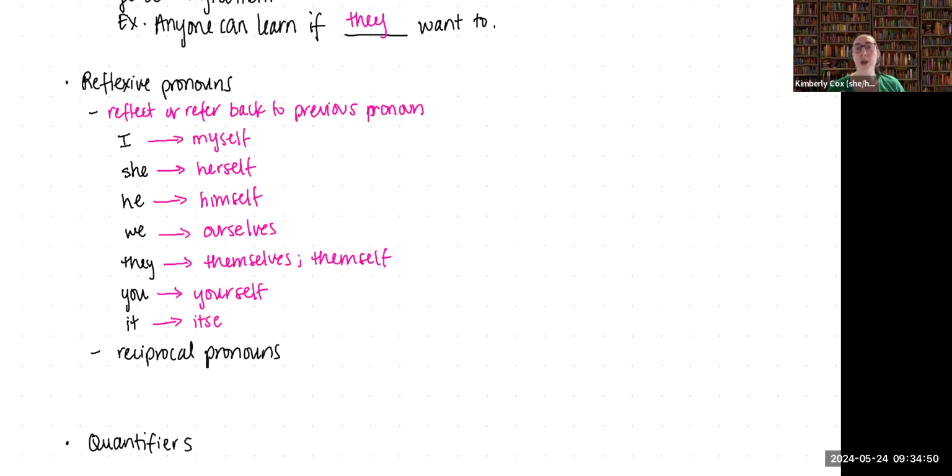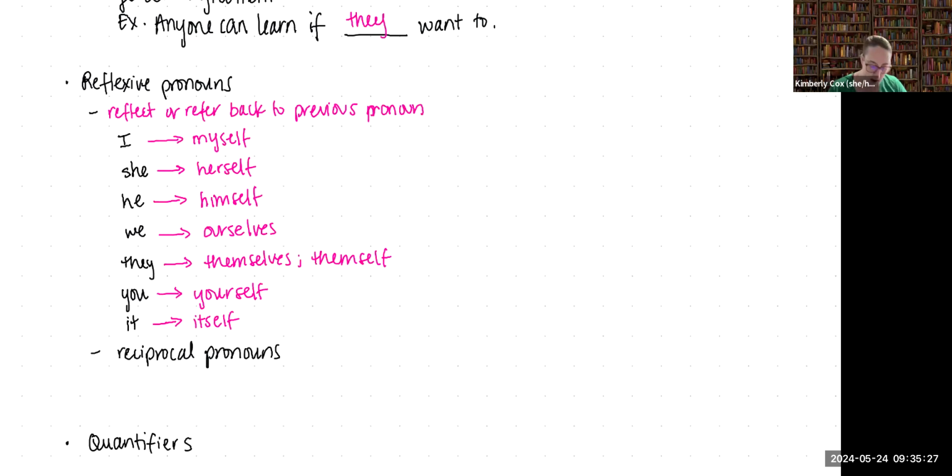Okay. So basically, in order to use a reflexive pronoun, the subject pronoun should appear earlier in the sentence. So I couldn't believe myself. She couldn't believe herself. You have to have that pronoun earlier in order for it to reflect back. Now, these are all reflexive pronouns because they're reflecting back. Reciprocal pronouns are a little bit different, but they are treated like reflexive pronouns.